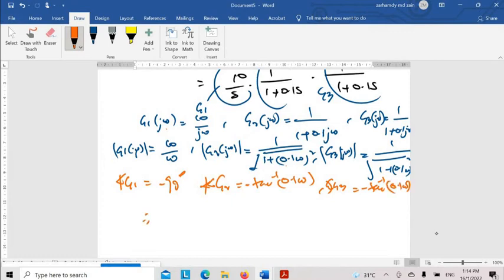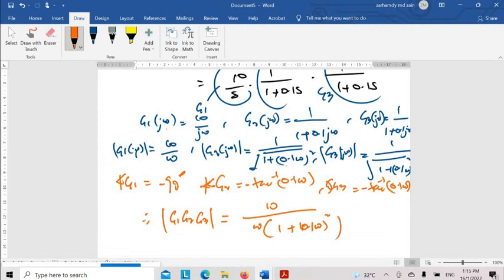From here, for the gain we have G1 multiplied by G2 multiplied by G3, so we have 10 over omega, times 1 plus 0.1 omega square.